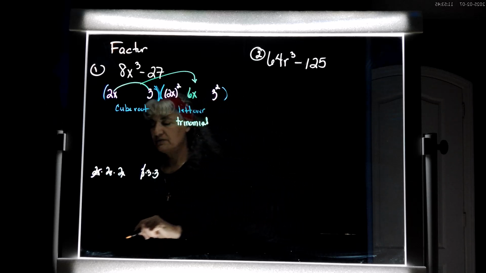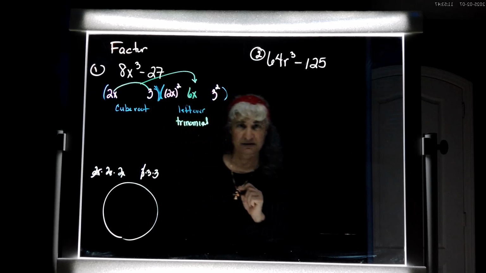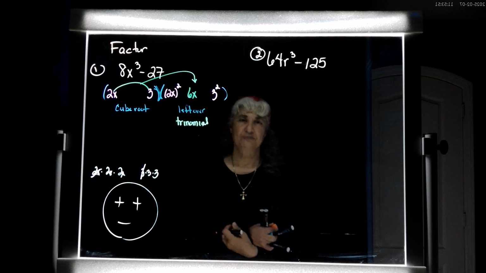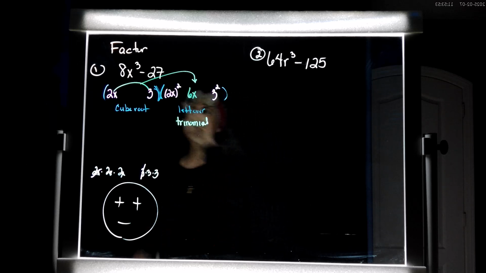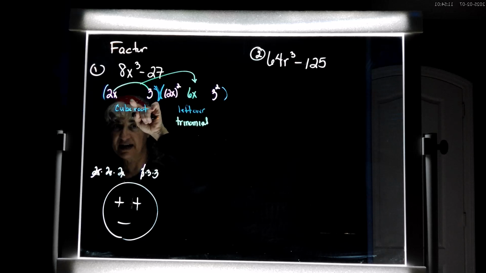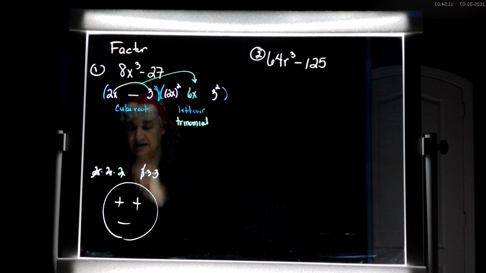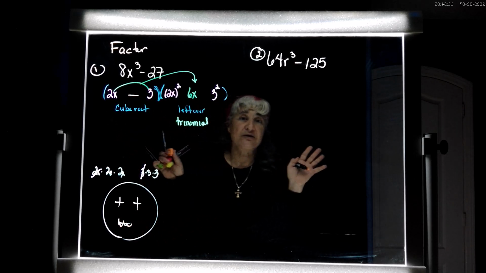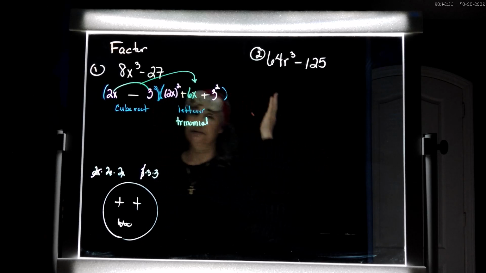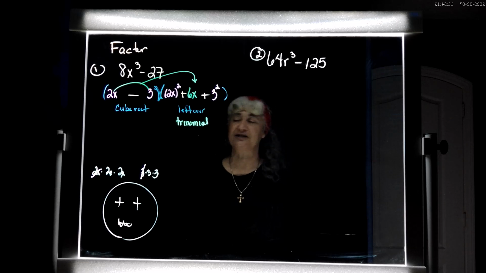Okay, so remember my little knocked out face? 2 additions, 1 subtraction. Since this original problem has a minus sign, the first parenthesis has a minus sign, which means you only have 2 addition signs left, and there's only 2 places to put them. So that's good. You don't have to question it.